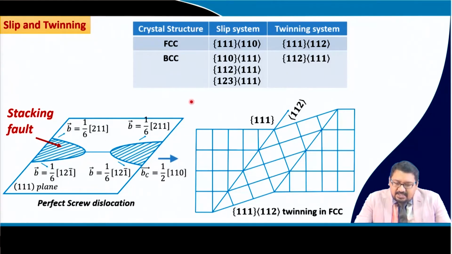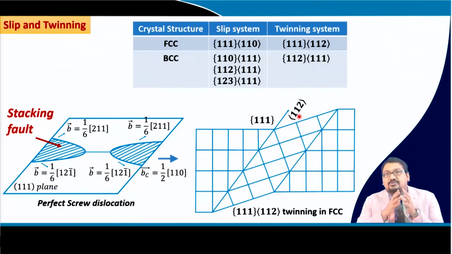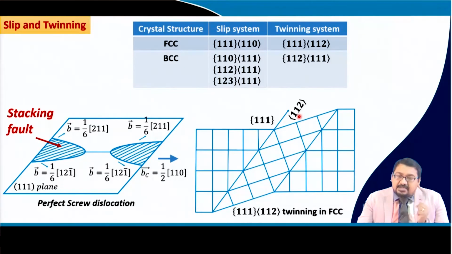So, here is an example of the 111 plane, which shows the presence of the 112 type twinning that occurs in FCC material, and we can see how the atoms basically displace themselves during the twinning process.